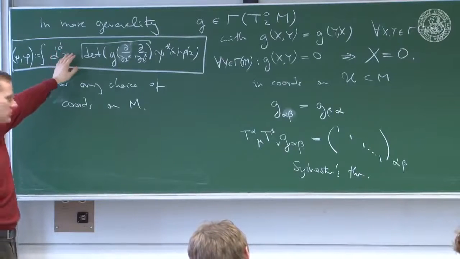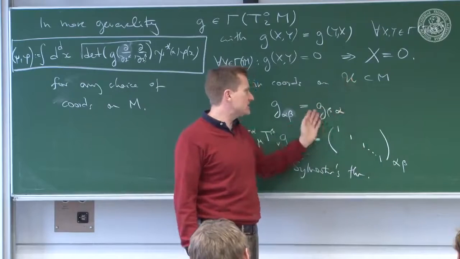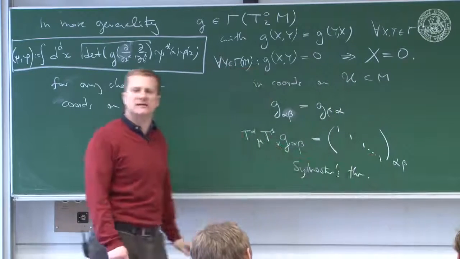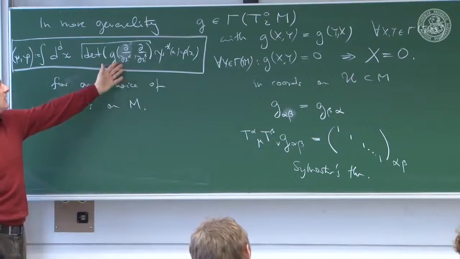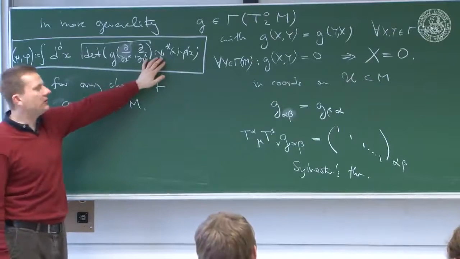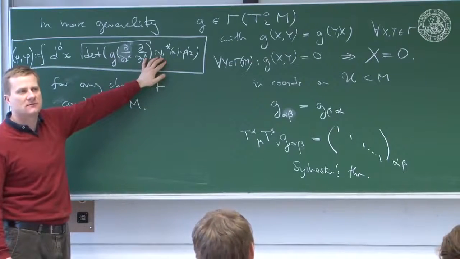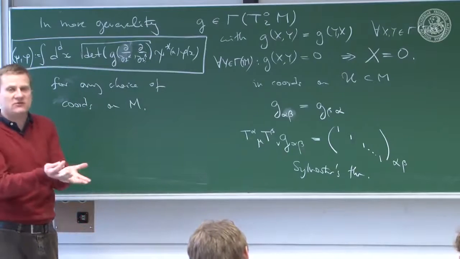However, nobody forces you to start with a metric for which there exists a coordinate system such that it everywhere takes this form, and then this formula still works. And this way we put our inner product on a curved physical space. And hence we're going to do quantum mechanics on a curved space, for instance on a sphere.